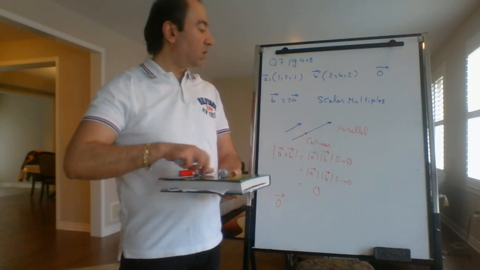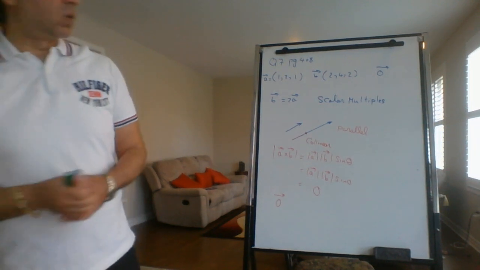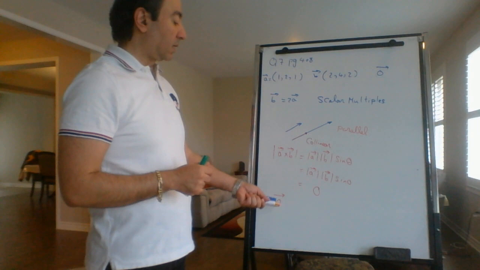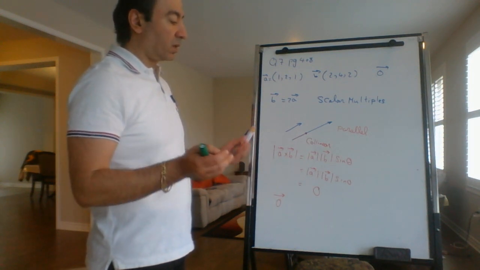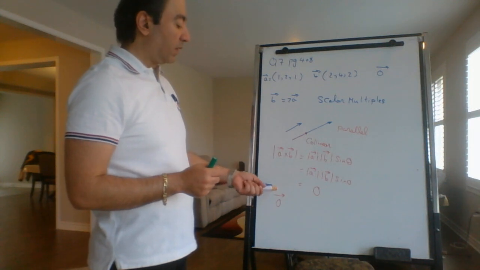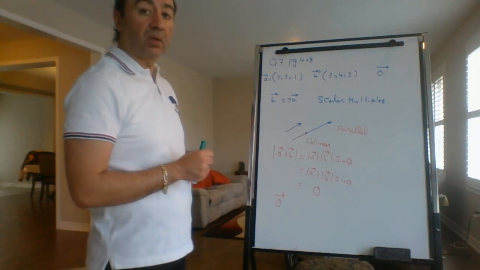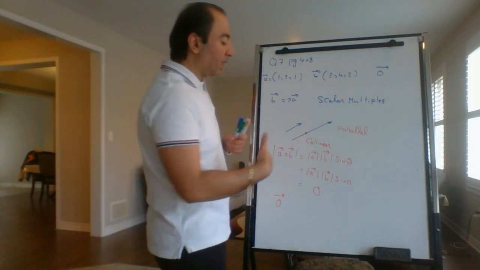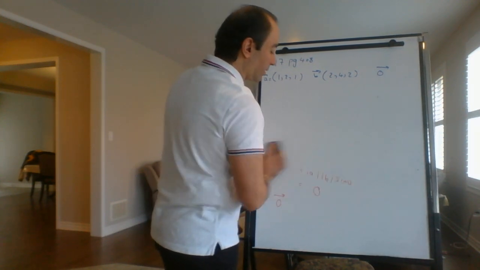In this case, those two don't form a plane. So the vector is the 0 vector, because the result has to be a vector, so we have to write it as a 0 vector, okay? This is if you want to use your brain rather than doing actually the job.